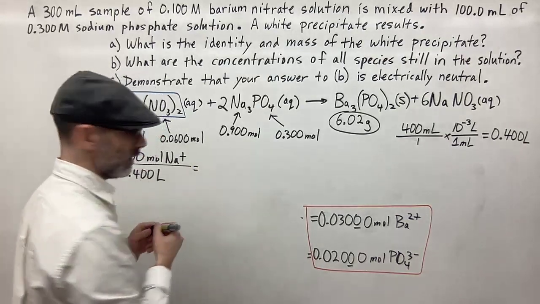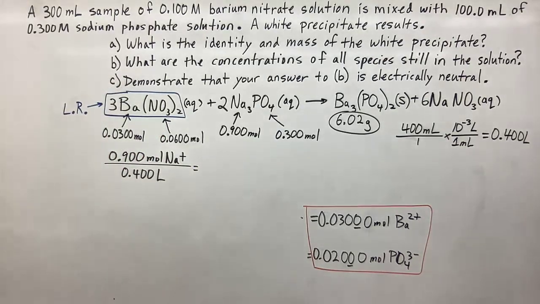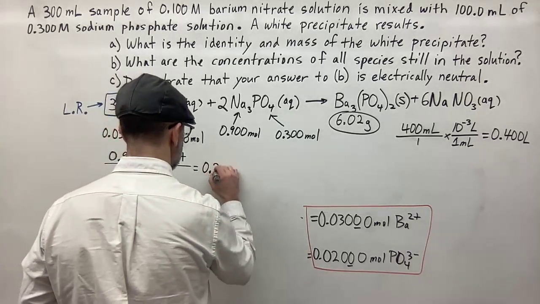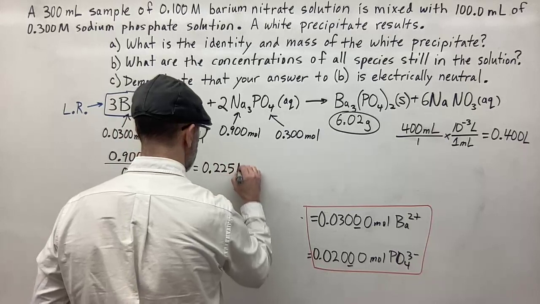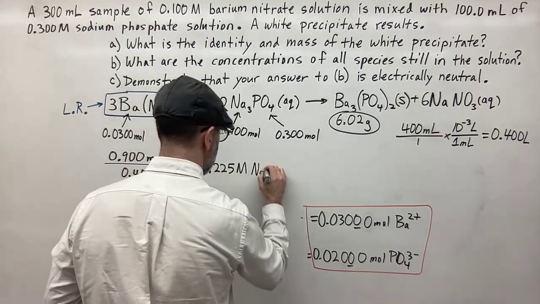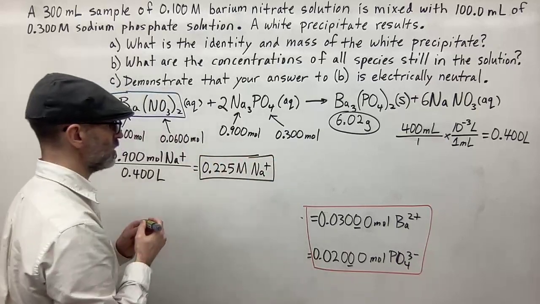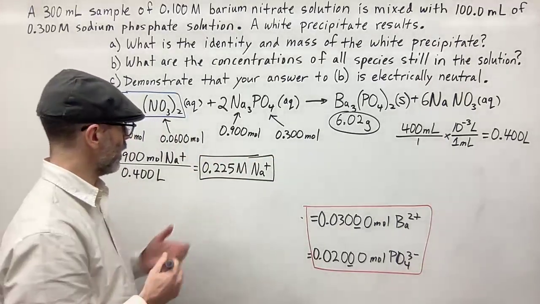And when we calculate that, we get 0.225 molar Na plus. So this is the concentration of Na plus in our solution after the reaction.